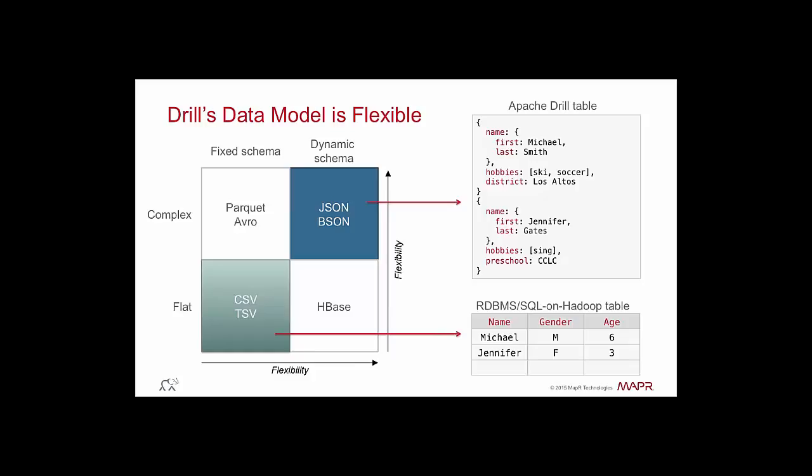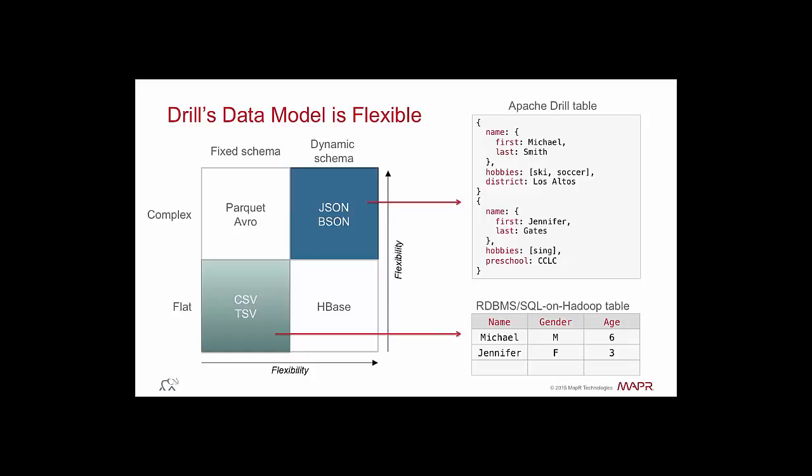Drill, on the other hand, takes the premise that everything is only a simpler form of the most complex form. So I'm going to build an engine which is optimized for the most complex form, which is the JSON document form. The internal representation of a Drill table actually looks like a JSON document.